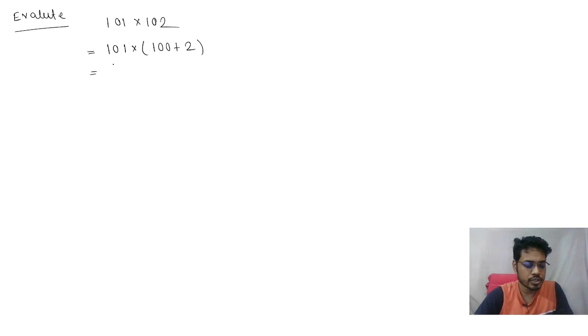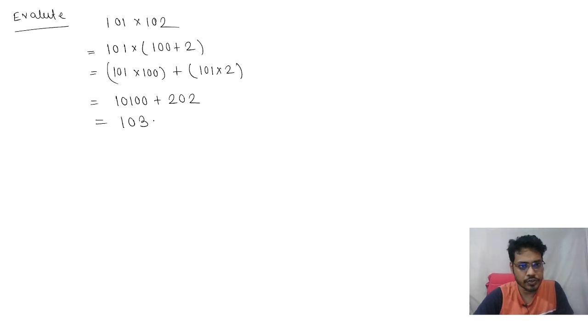So now just you have to multiply 101 with 100 plus 101 with 2. So it will be easy. So 10100 plus 202. That means it will be 10302 will be the answer of this one.